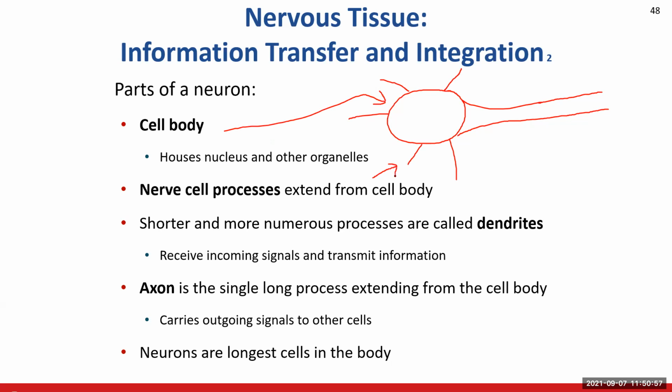And then you're going to have these nerve processes popping off. The smaller ones are called dendrites. They're either going to receive incoming nervous information or they're going to transmit that nervous information. So it's like an antenna that can receive signals and broadcast signals. And then you have one really big process that comes off of the cell body, and that's called the axon.